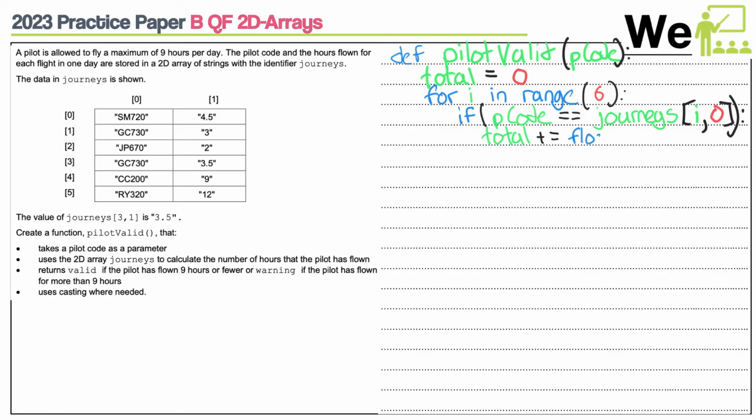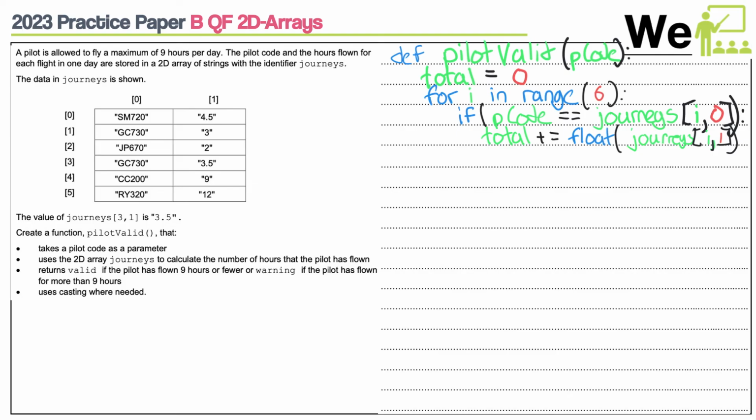So we'll do float, open brackets, journey. We'll do i, because we want to do it at the level we got to. So let's say it was true when i was 3, then this would still be 3. And then the second argument isn't going to be 0 now. We want the next column, which is 1. Right? And that's going to add up our total as we go along.